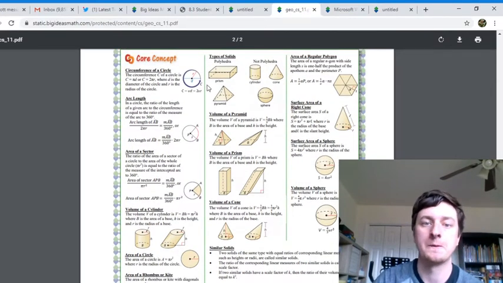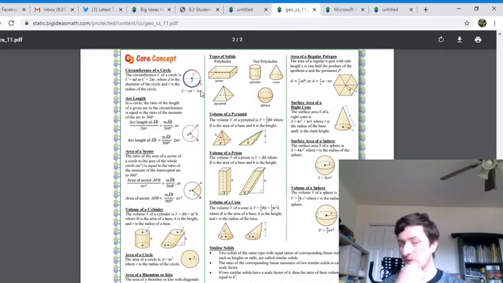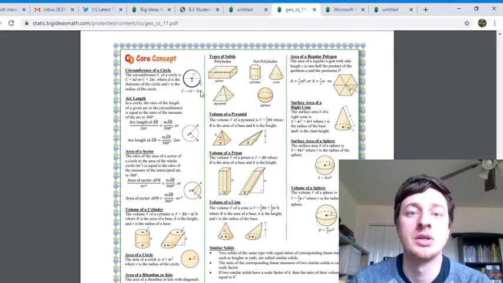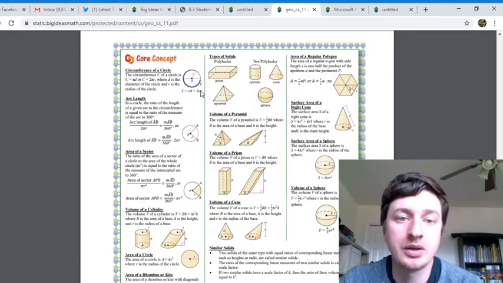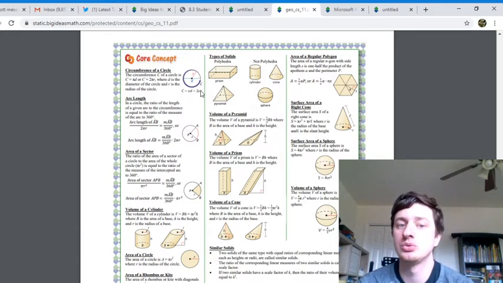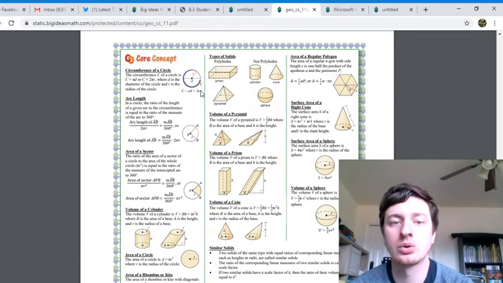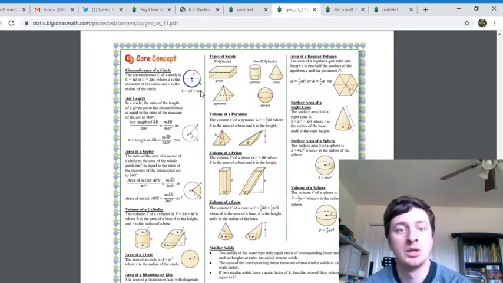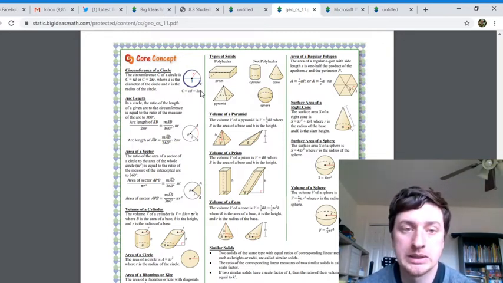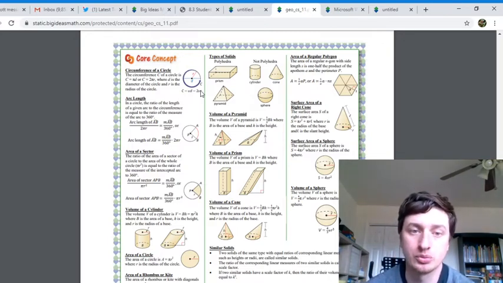Okay? So on Thursday last week, we talked about circumference. And it's, right, 2 pi r, or pi times the diameter, or tau times radius. Sorry.